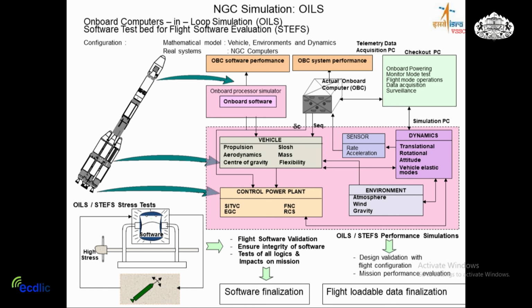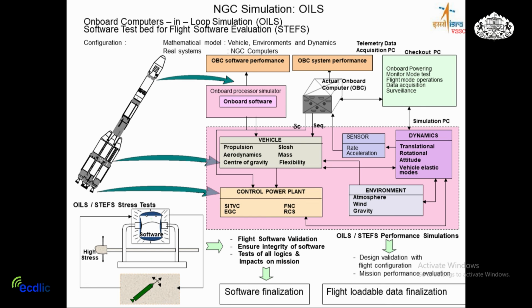Now, OILS. The other thing was the software test bed for flight software. This is another thing which we are doing without using the flight packages, and this is once again to do a very high stress test on the flight software.